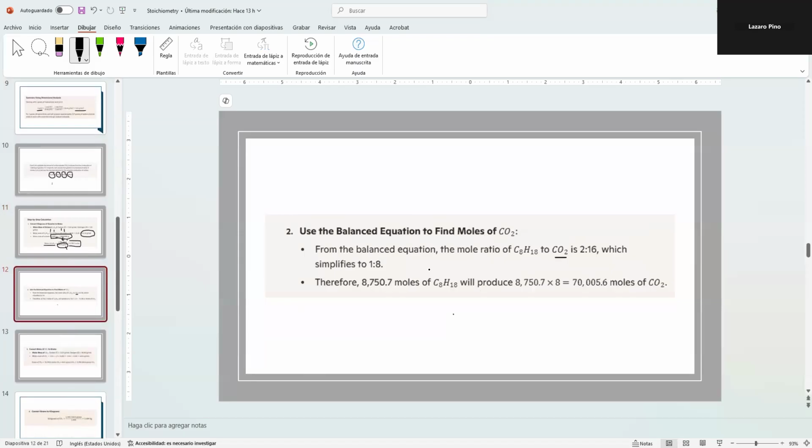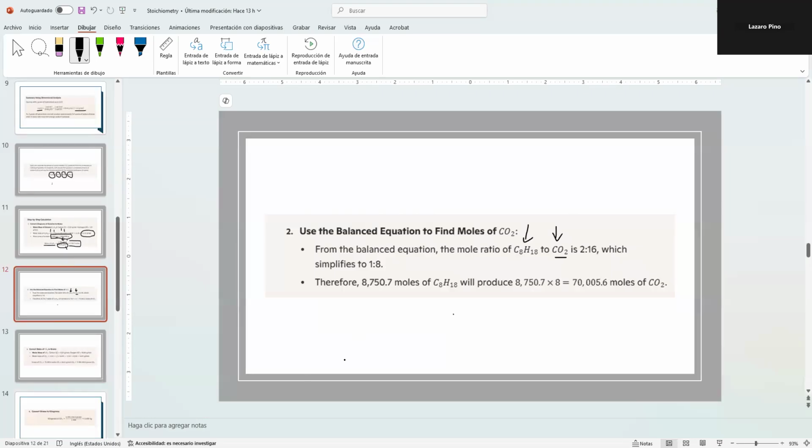But suppose that you have two moles of octane, of gasoline, produce 18 moles of carbon dioxide. You can simplify this ratio 1 to 16 to 1 to 8.